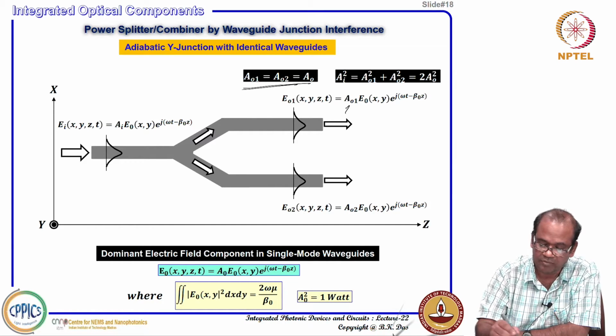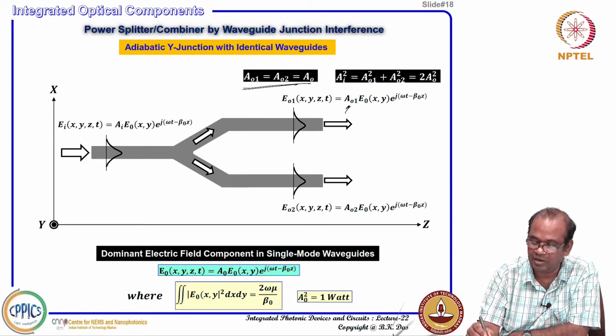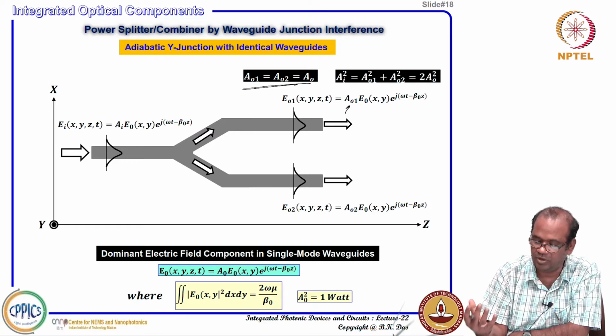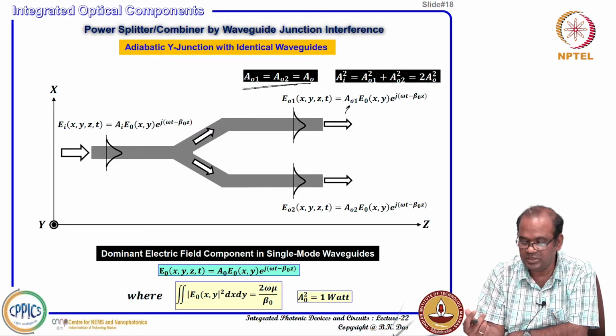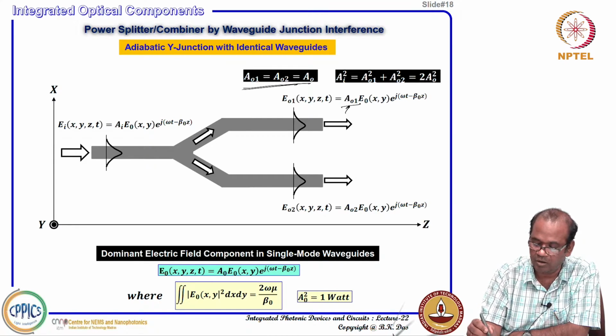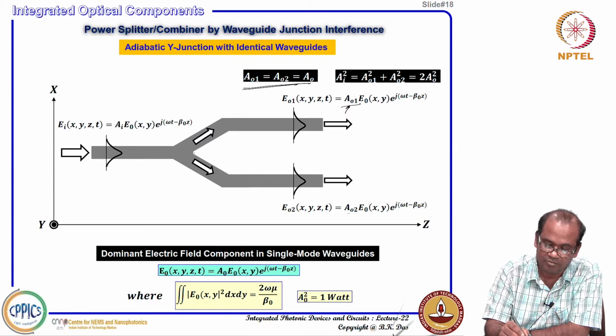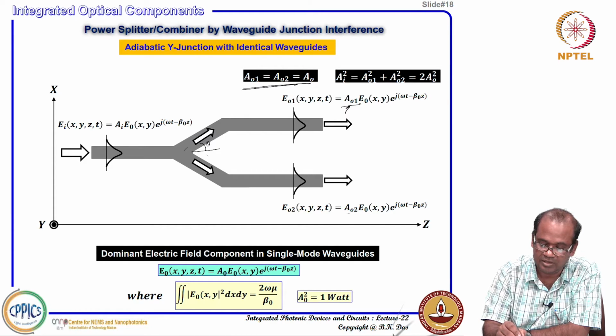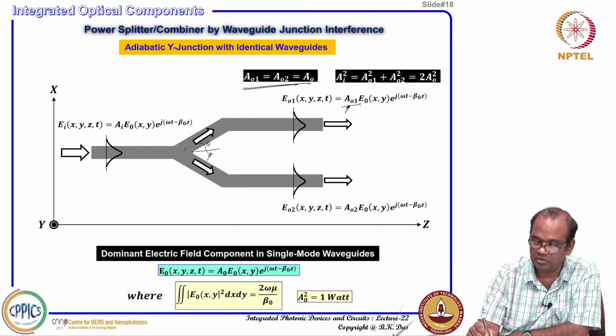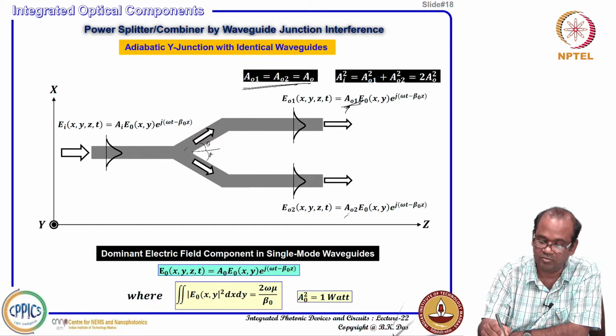If it is a symmetric one, we get another constraint that will make your problem easier: that amplitudes A output 1 and A output 2 should be identical, because the waveguides are identical and symmetric, with symmetric angles. So, in that case this one will be this one. That is what we have written.